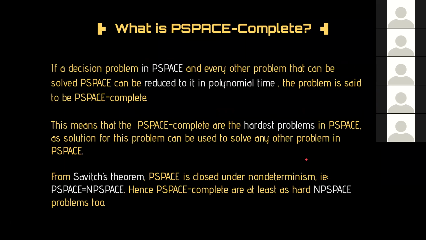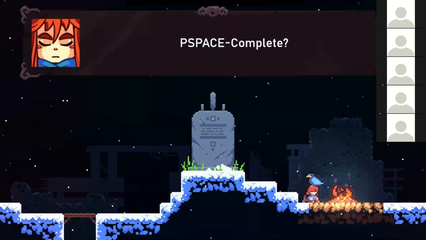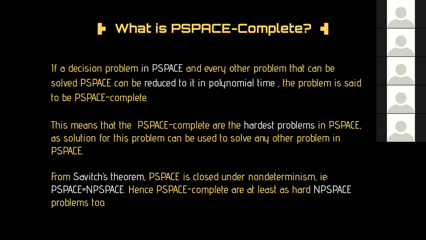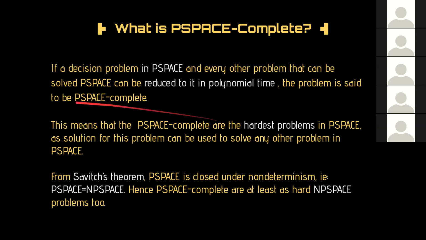Okay, now we'll talk about what PSPACE is, what is PSPACE completeness versus what is PSPACE hardness. I'll mostly assume that you know what PSPACE is, but I'll try my best. If a decision problem is in PSPACE, that means it uses a polynomial amount of space. That is the definition of PSPACE.